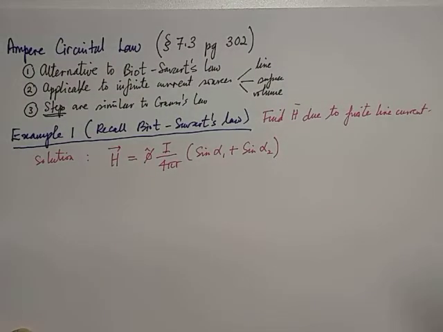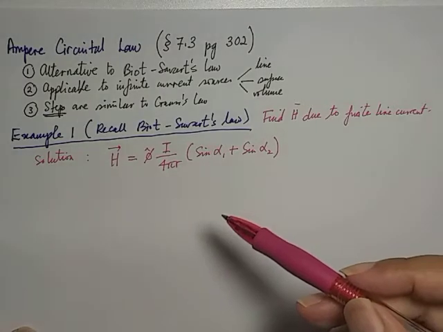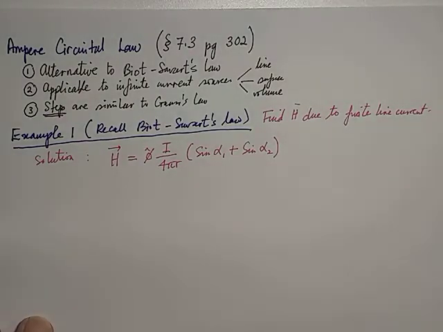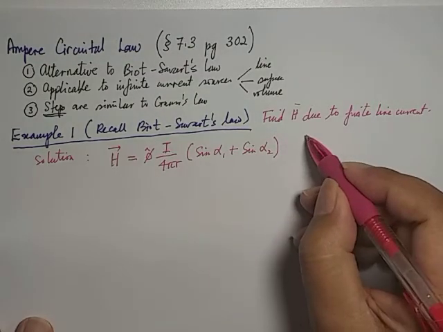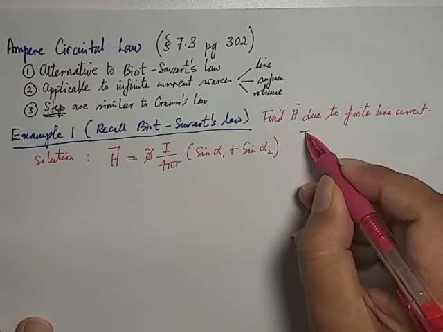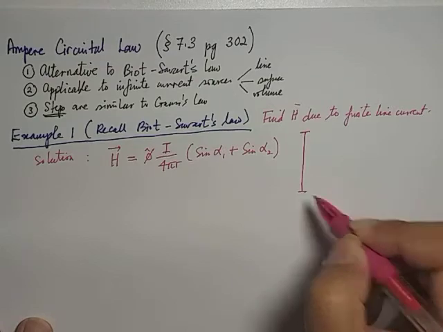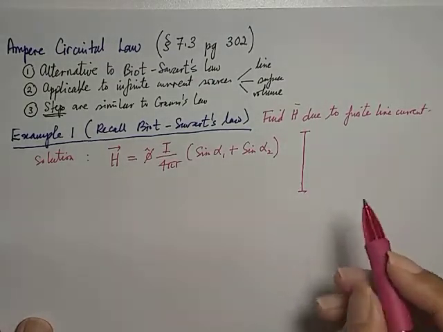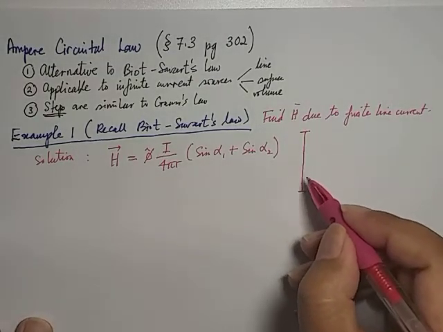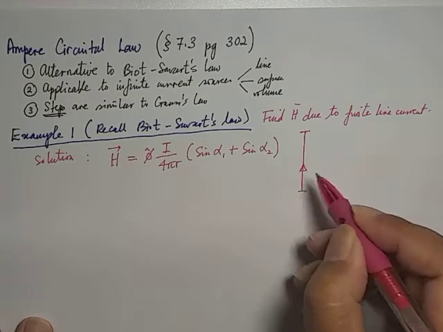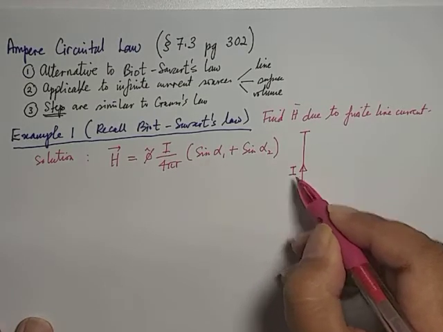Then we must use this equation together with the graphical representation of the problem. We should have the current source given as this. The current source is the red line, where we assume the current flowing upwards.